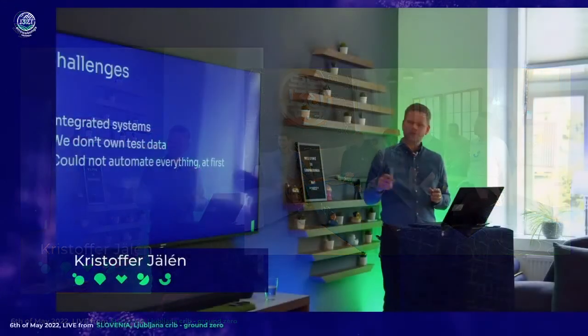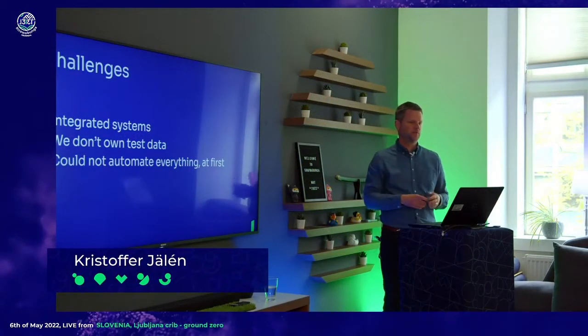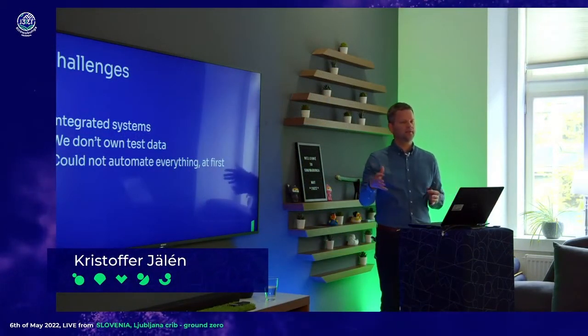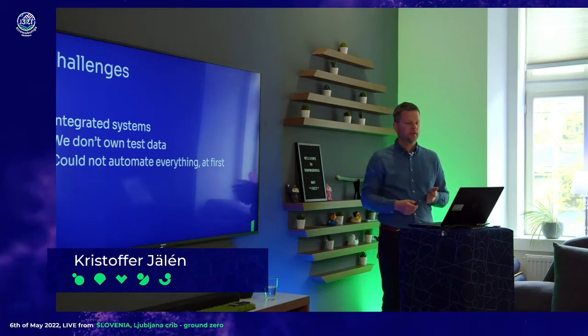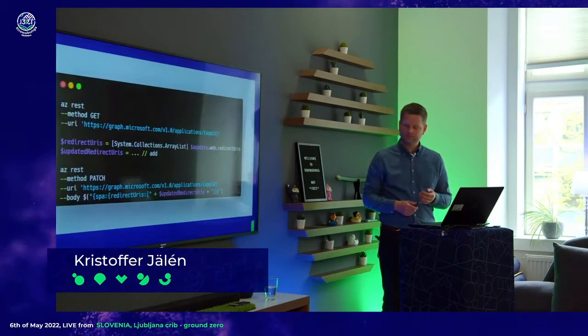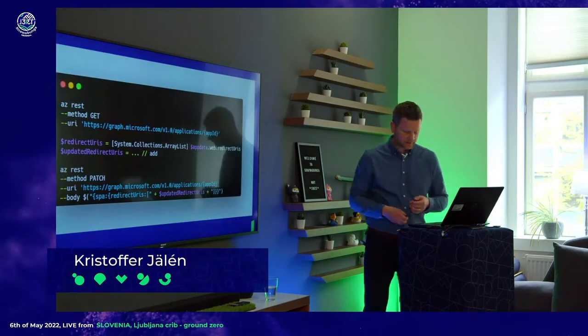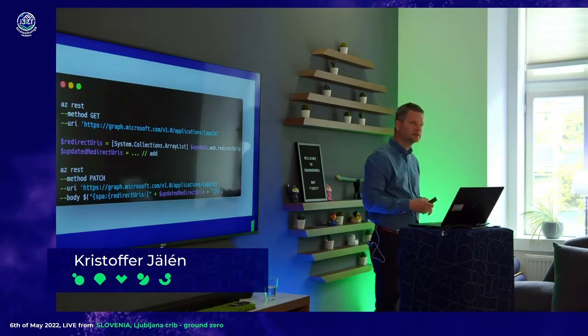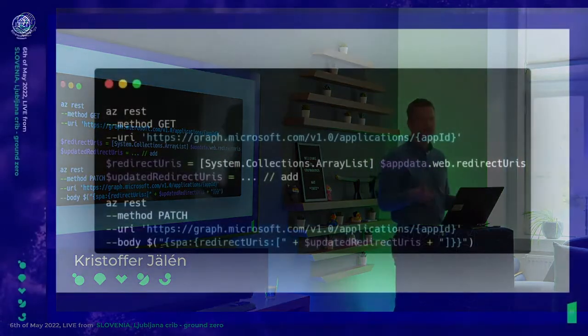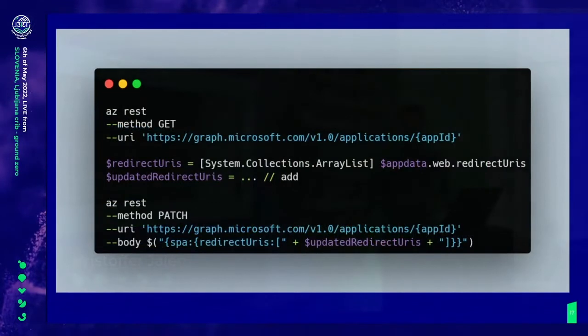And also, this was all about automating this. We couldn't do it fully at first because there were some resources in Azure that didn't really belong to this short-lived feature environment. For example, Active Directory is something you use when you use identities.